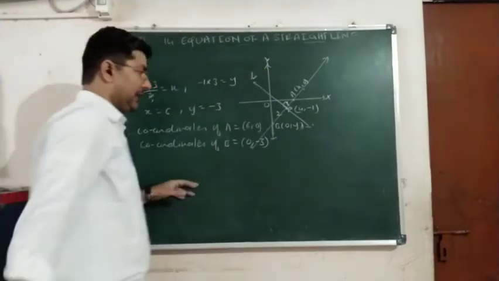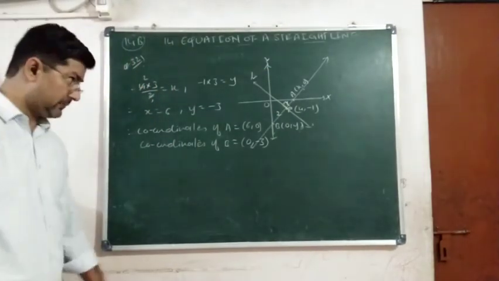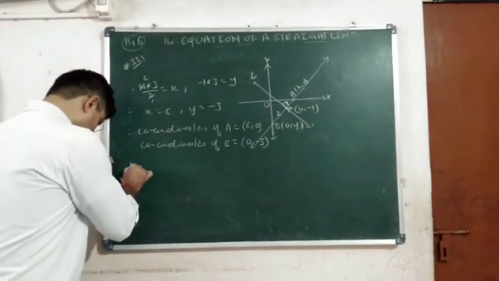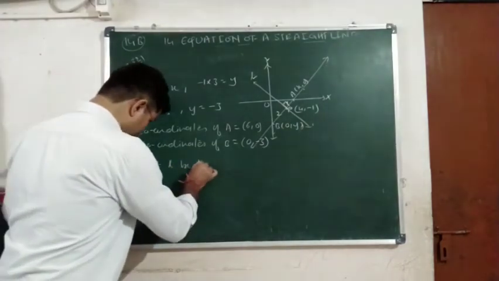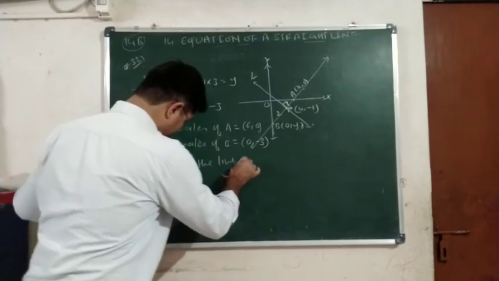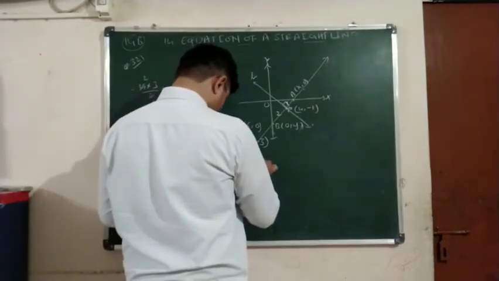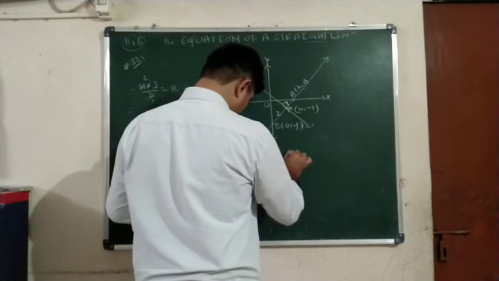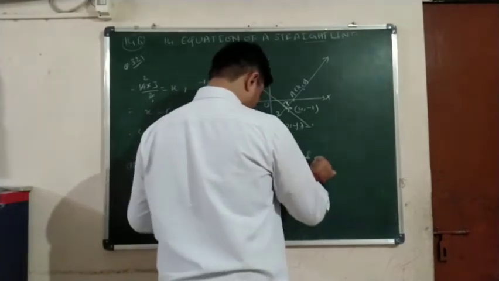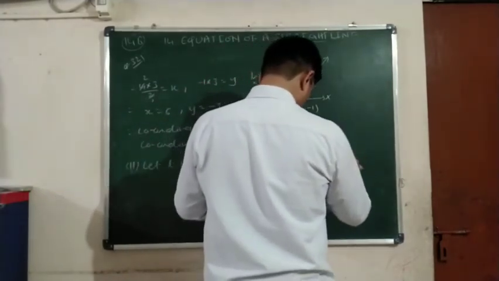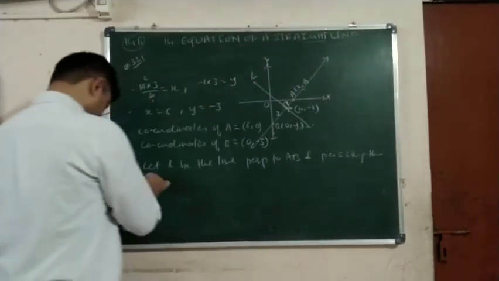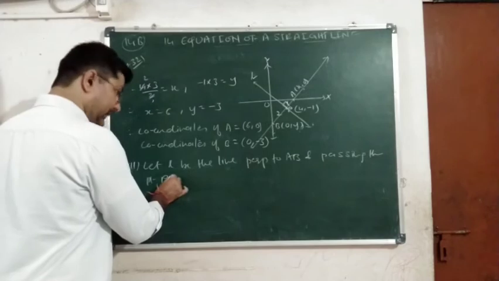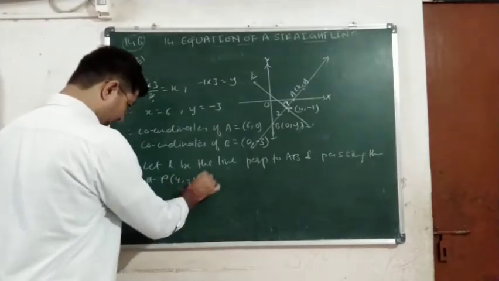Let L be the line perpendicular to AB and passing through point P 4, minus 1.